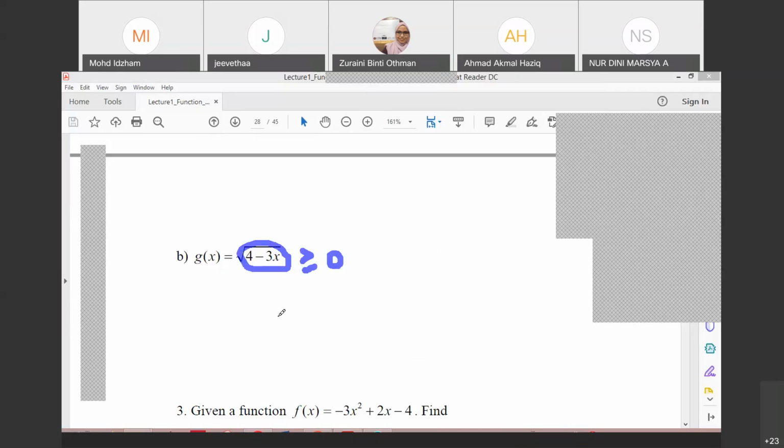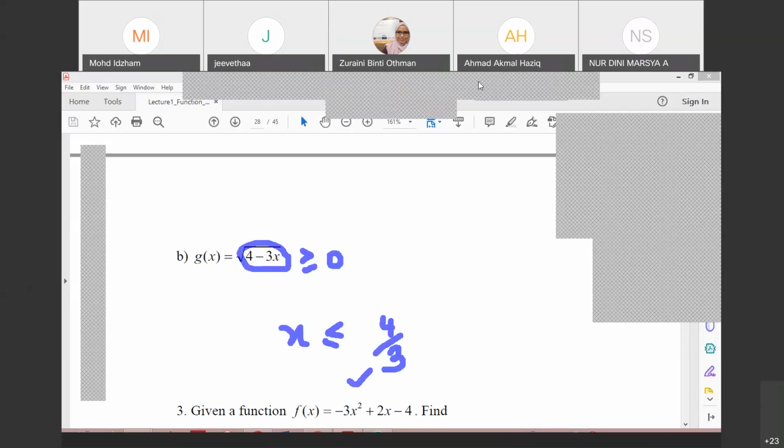Okay, that's the correct answer, which is x is less or equal to 4/3. We have to derive this equation, then we get this. Okay, any question? Jangan malu tanya, sebab minggu depan quiz all regarding this topic.